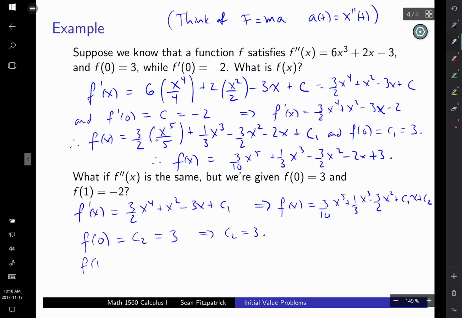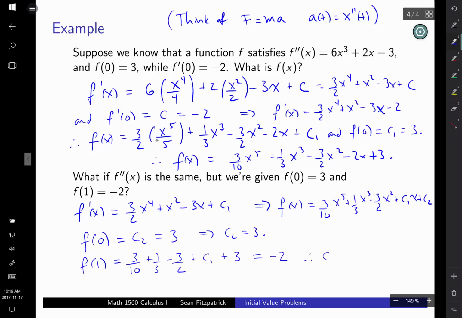F of 1, so I put in x equals 1. I get 3 over 10 plus 1 over 3 minus 3 over 2 plus C1 times 1. I don't know what C1 is. C2, I know that C2 is equal to 3 now, and I want that to be equal to minus 2.